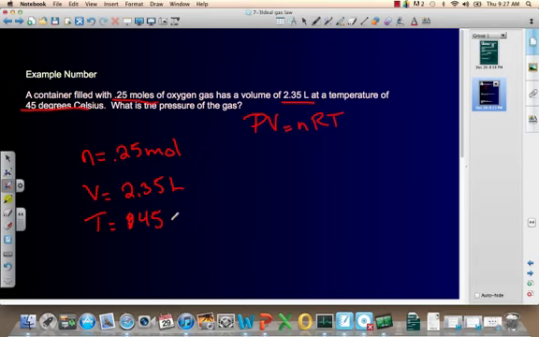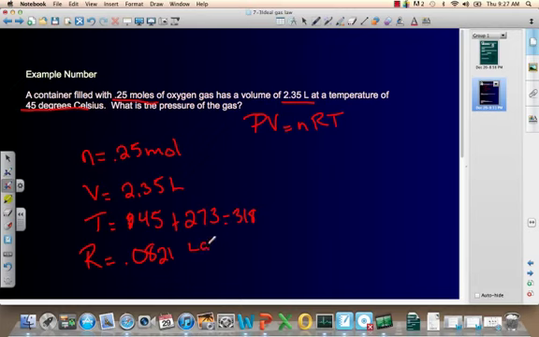But again, we can't use Celsius here, so we're going to add 273 to that. So that's 318. All right. And we also know R. We will always know R. It will never be stated in the problem, though.